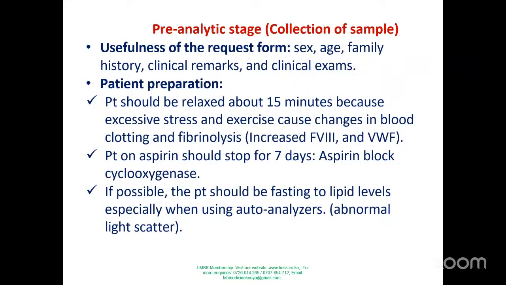So that one will really help you when you are interpreting your INR results, for example. You know very well that if they are on oral anticoagulants, the normal range for this particular patient is around 2 to 3, and it has to be kept within that therapeutic range. So if you have this particular history, it will really help you at the post-analytical stage.